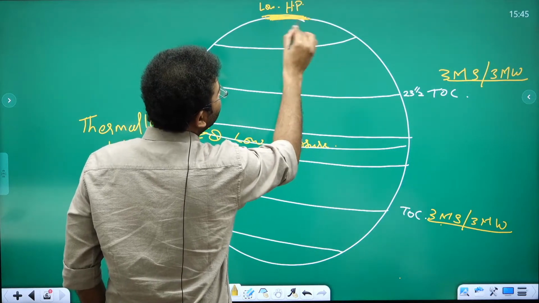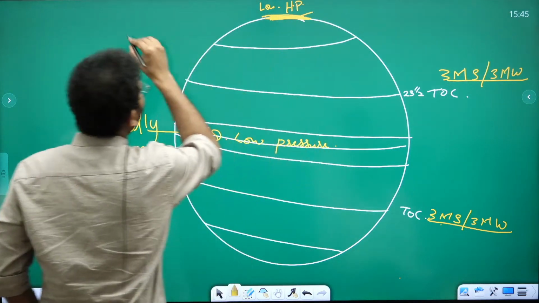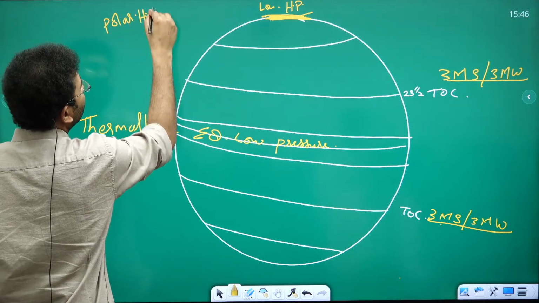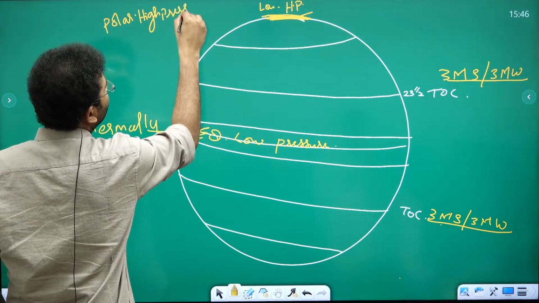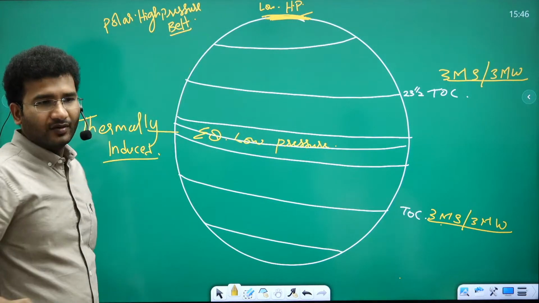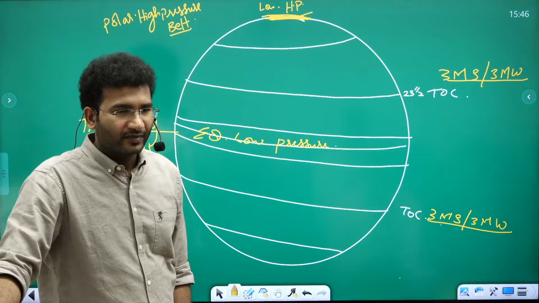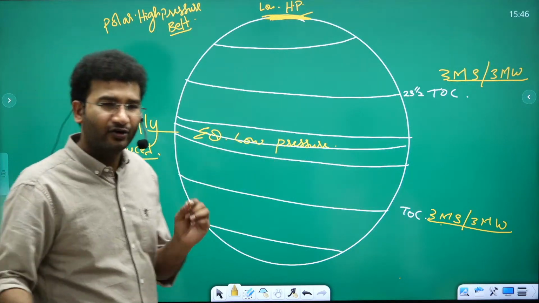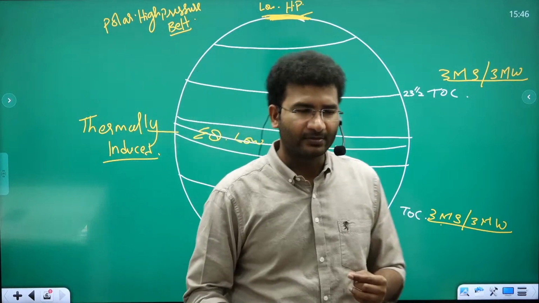And this is called the polar high pressure belt. Now this is the equatorial low pressure belt. These two belts are dominantly induced by temperatures.